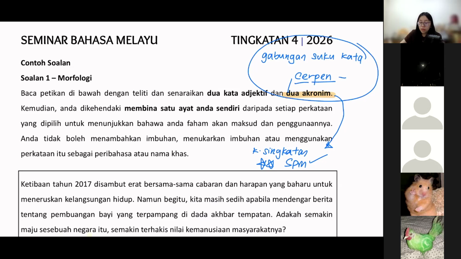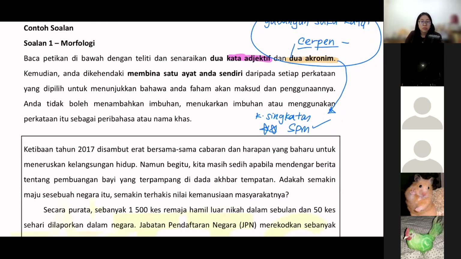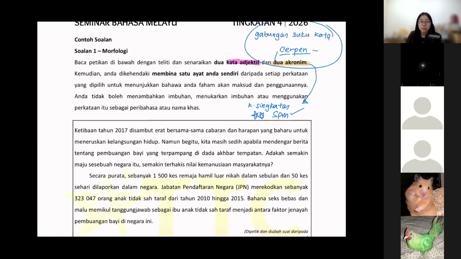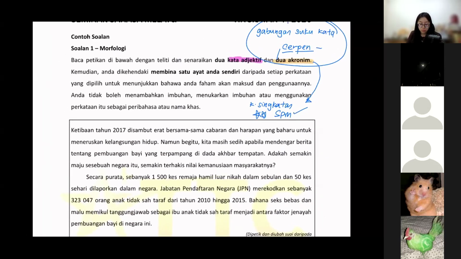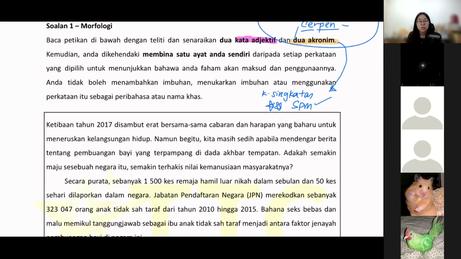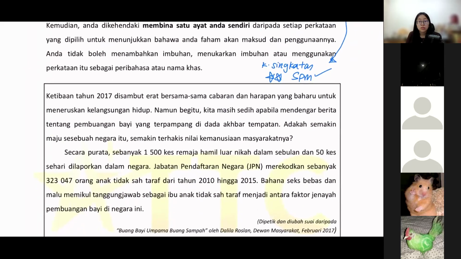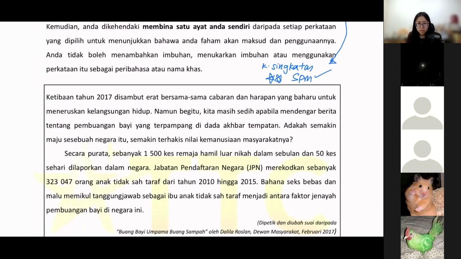Okay, now, give me your answer for kata adjective. Kata adjective, which means the words that describe something. So what is your answer? Atas.